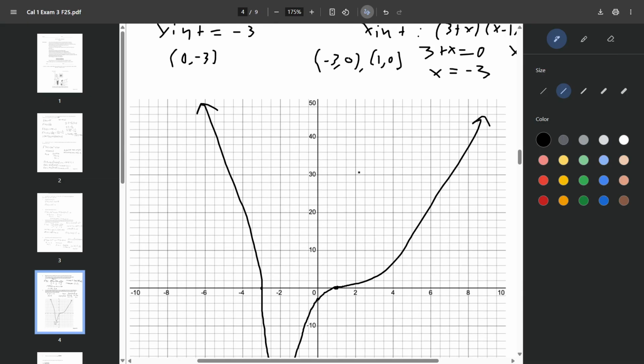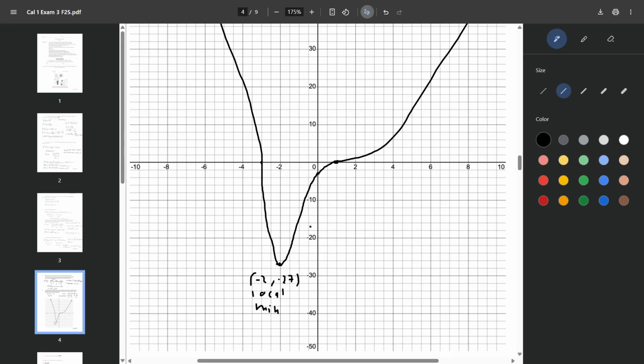So at -1, 16, we should have our inflection point. Seems we've gotten into the correct one. So let's see, 12, 4, 16. Yes. At -1, comma 16, inflection.